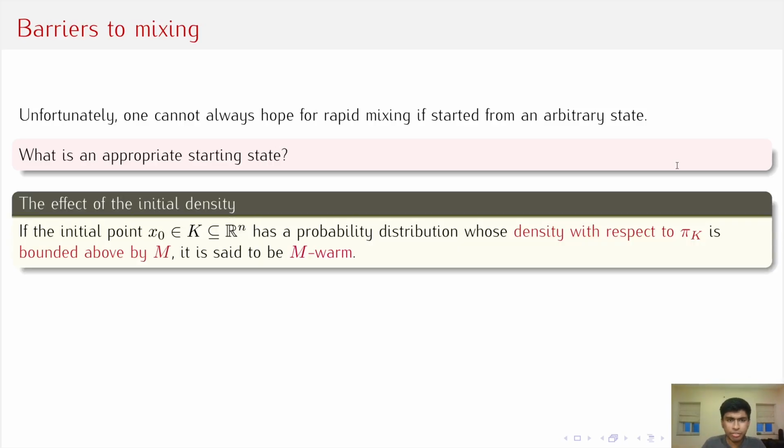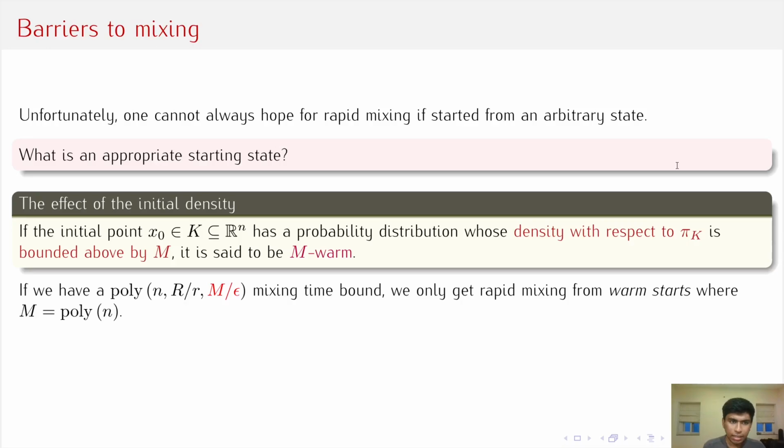Towards this, we define the notion of warmness, which means that if you start your Markov chain from some distribution, you look at the density of this distribution with respect to pi_K, the uniform distribution over the body. If this density is bounded from above by M, then we say that this initial distribution is M-warm.